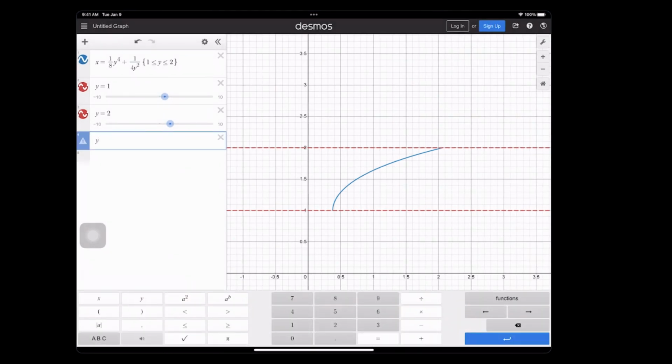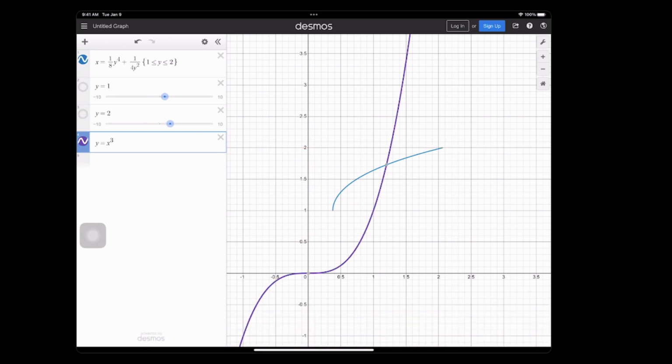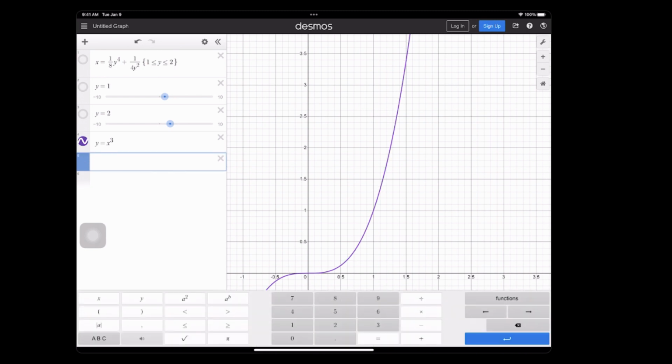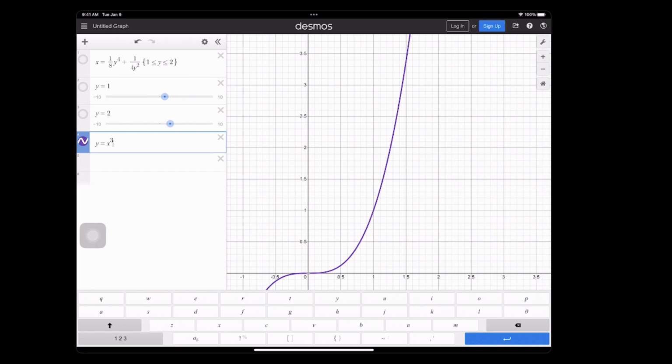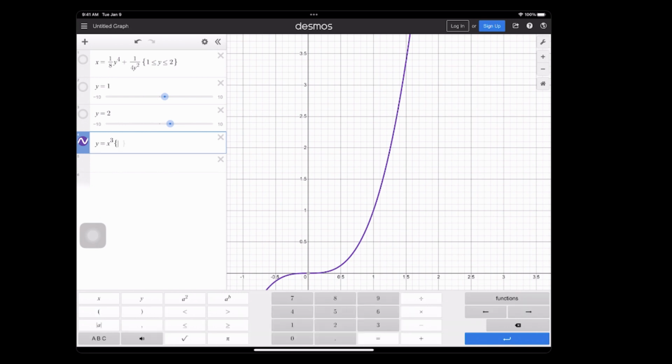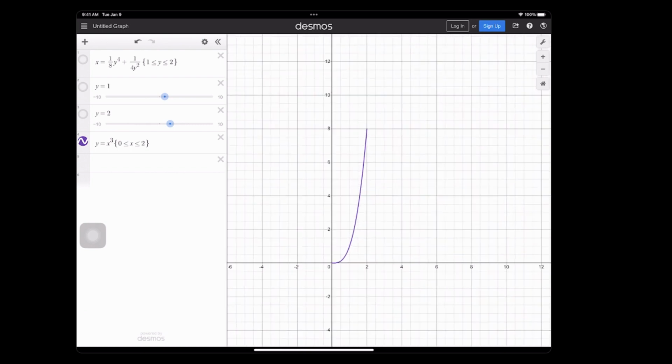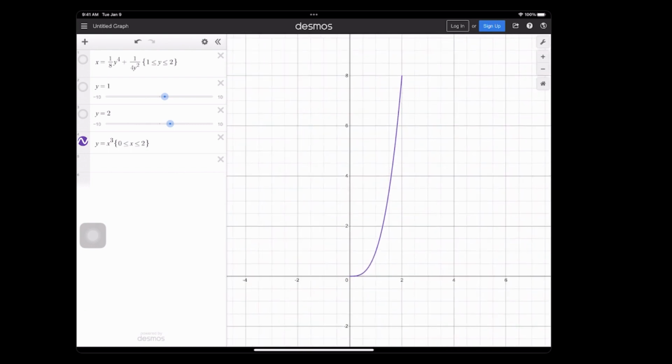So y is x cubed. And then what did x go from again? Do you guys know? So I'm going to restrict my domain from 0 to 2, because that's really what it is. 0 less than or equal to x less than or equal to 2. I guess that looks pretty good.